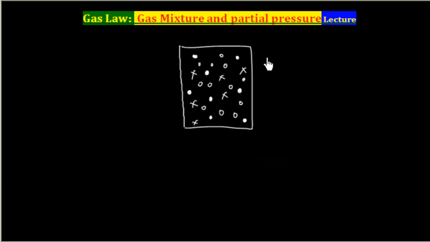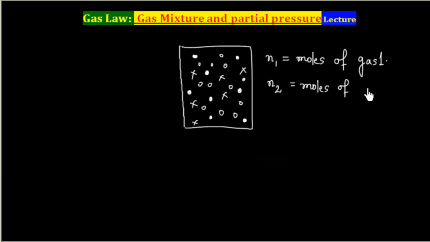Let us say this vessel has N1 moles, that is moles of component 1, moles of gas 1. Similarly, I have N2, that is moles of gas 2. I can have N3 moles, that is moles of gas 3.